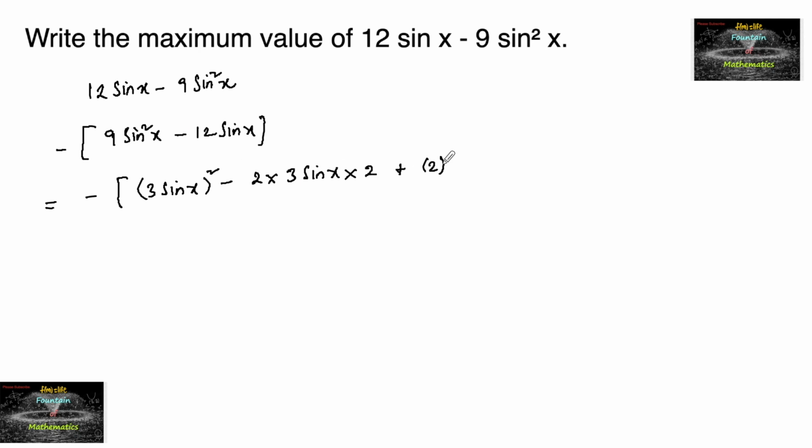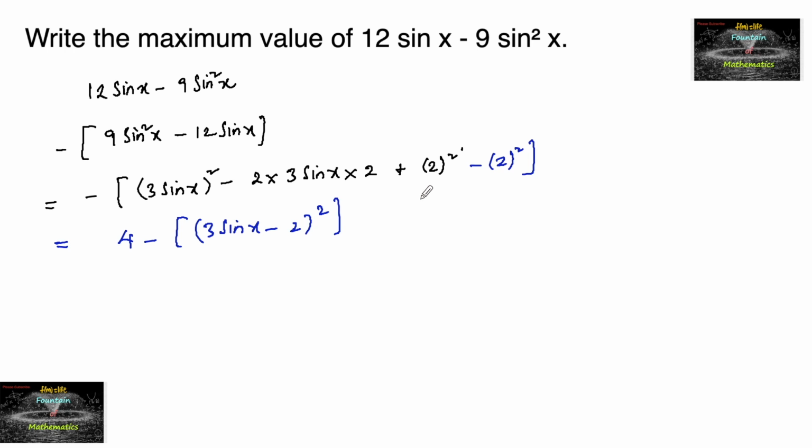So let us add plus 2 square and subtract. So minus 2 square you bring outside, so it comes plus 4 minus of (3 sin x minus 2) whole square we will get.